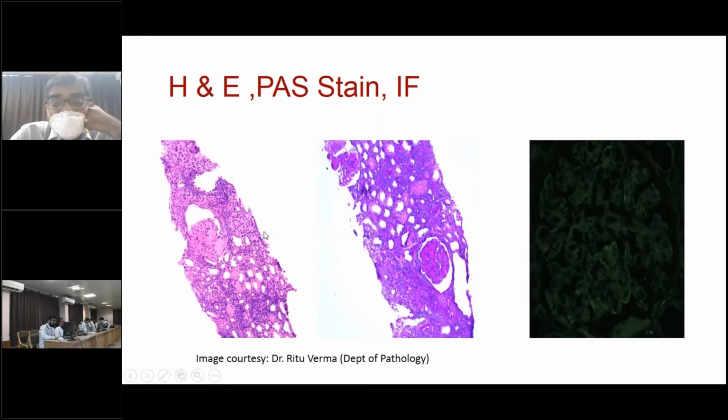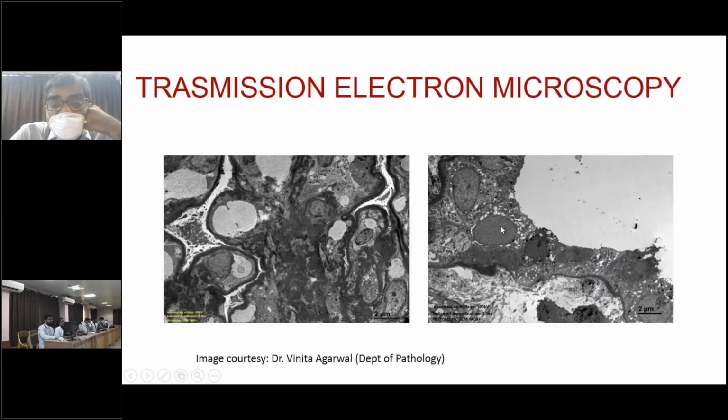These are the images from the patient's native kidney biopsy, which reveals a nodular glomerulosclerosis. And these are the electron microscopic images, for which we're thankful to the Department of Pathology, which reveal subendothelial amorphous deposits.